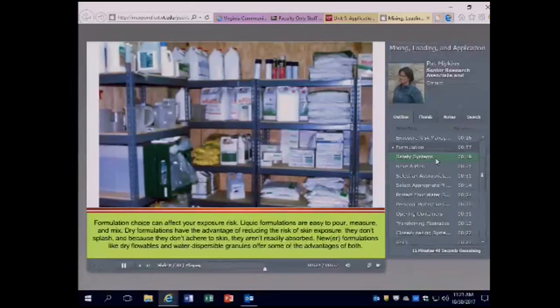Unless your skin is moist or wet, they don't stick and they're less likely to be absorbed. They're fairly easy to clean up too. They're not always easy to measure, mix, and load, however. Some of the newer formulations like dry flowables and water dispersible granules offer some of the advantages of both.